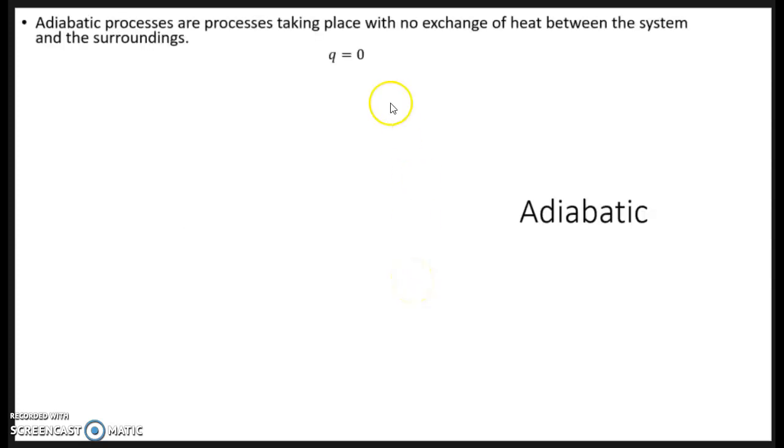In an adiabatic process, there's no exchange of heat between the system and the surrounding, that is Q equals 0. So what that means is that from the first law, the change in internal energy is equal to the work done by the system or on the system, total work done.